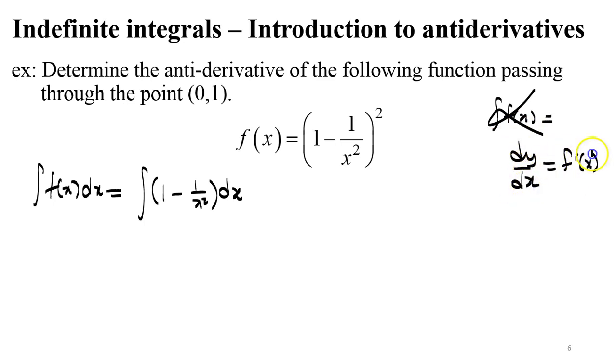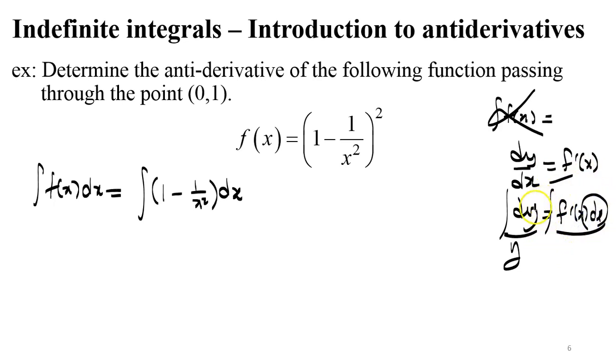So dy over dx is in fact f prime. So cross multiplying, dy would be f prime times dx. So this is in fact what we're doing here, integrating each side. So the integral of dy is y, and we end up with the integral of f prime of x times dx on the right hand side. So this is why not writing down the dx is wrong mathematically.